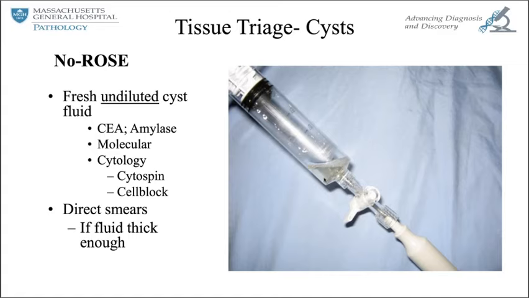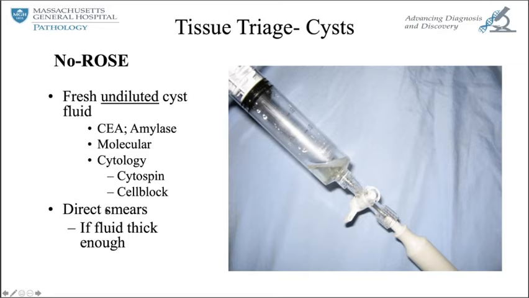And then we want to do CEA and amylase. If you have the means to do molecular testing, do that. We reflex NGS testing off of our pancreatic cyst fluids. And then we take the spun down material and make a cytospin. Rarely do we have enough for a cell block.